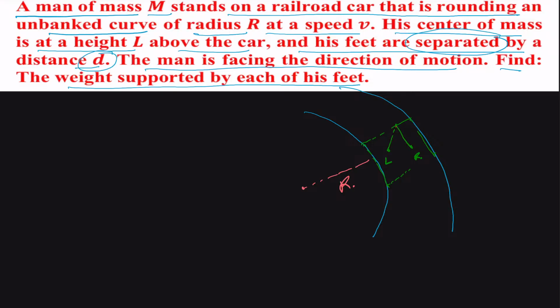Okay, so this is the person. Doesn't look like it, but let's assume. And d is the distance between his feet. And the center of mass is at a height L. So suppose this is the center of mass and this is a height of L.